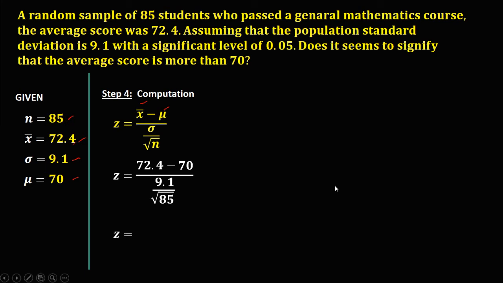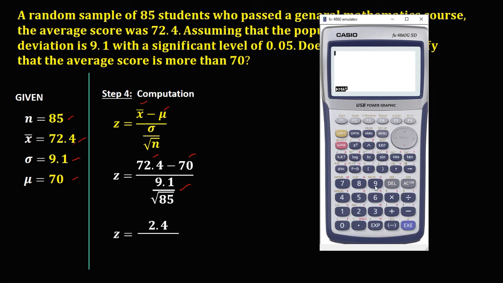To solve for Z, 72.4 minus 70 is 2.4. Then this 9.1 divided by the square root of 85.